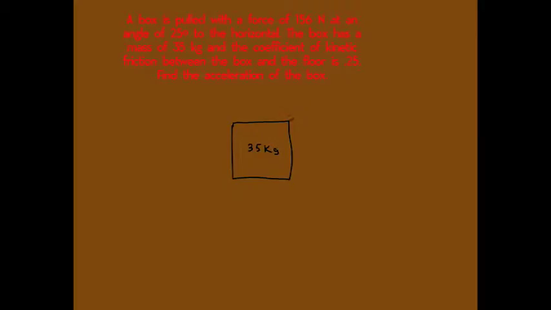We know that it's being pulled at a force of 156 newtons, at an angle of 25 degrees to the horizontal. Uh-oh, I can feel some trigonometry coming on. So this is what we know, and we're going to save the coefficient of kinetic friction for later.